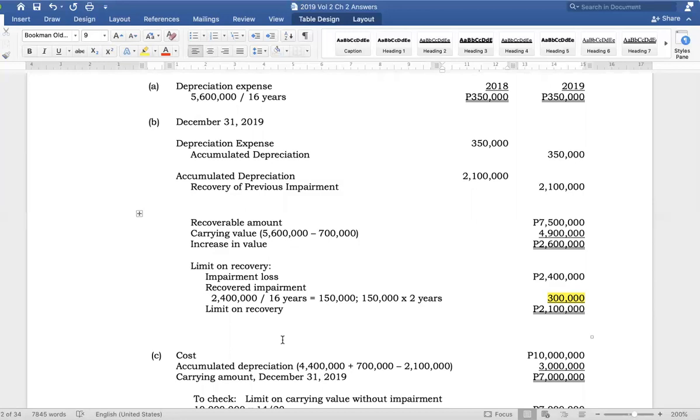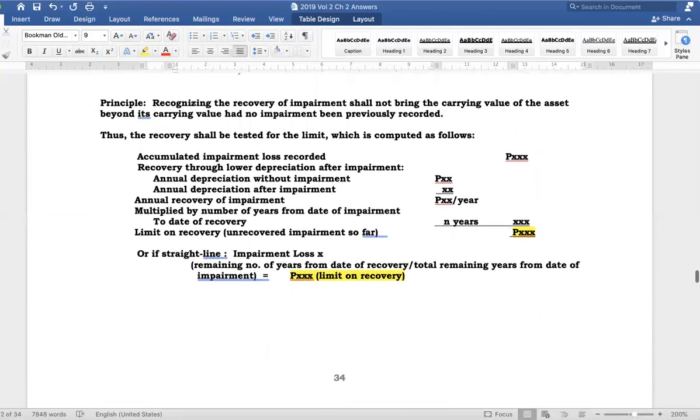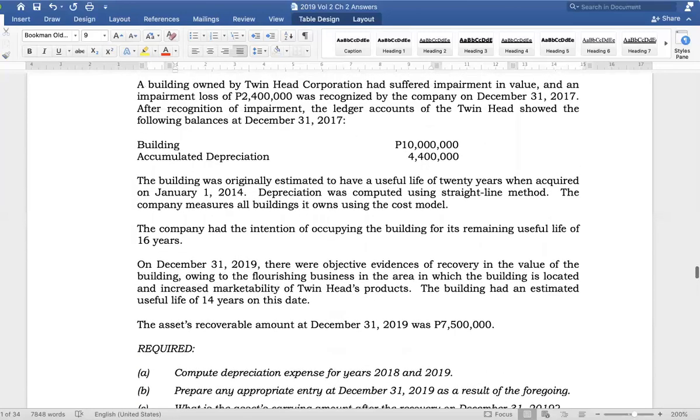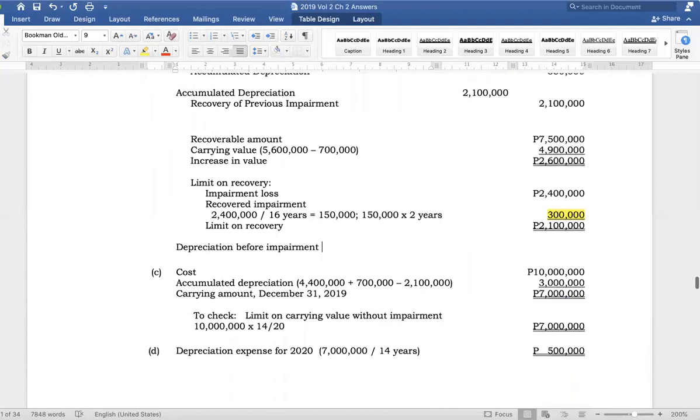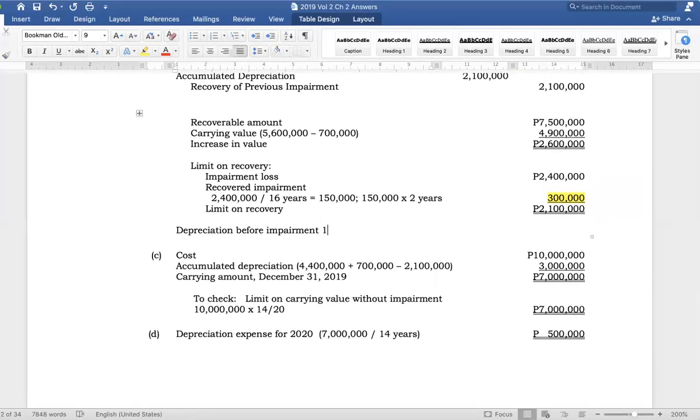Sorry, we have, okay, so this is depreciation before impairment. That is cost of, we go back, 10 million over 20, which is 500,000.